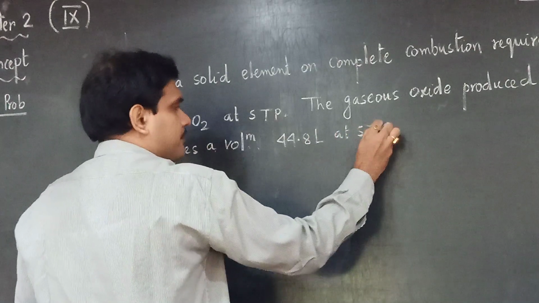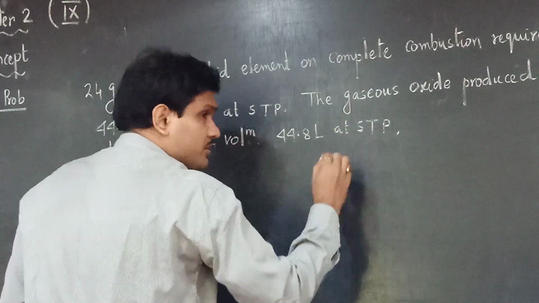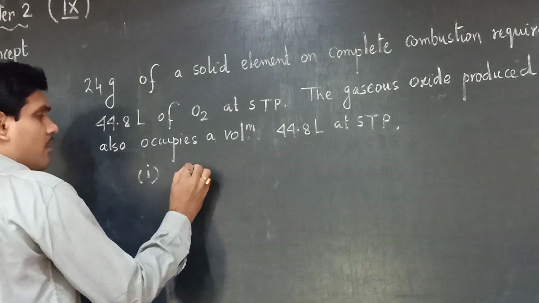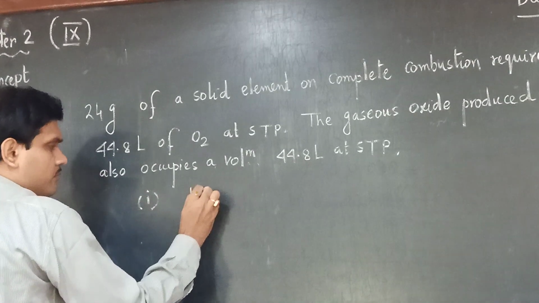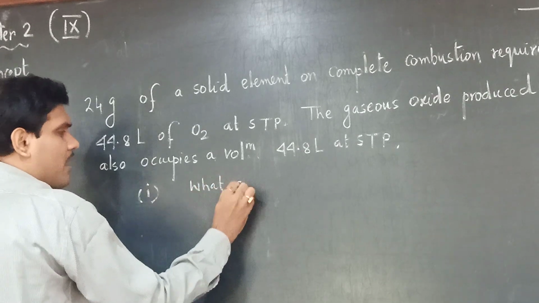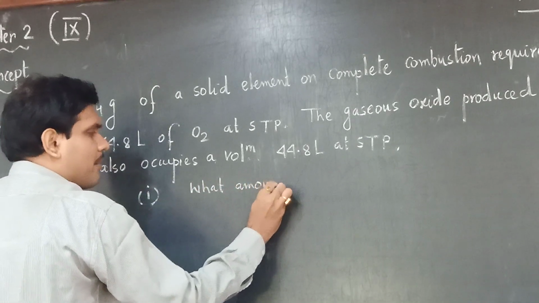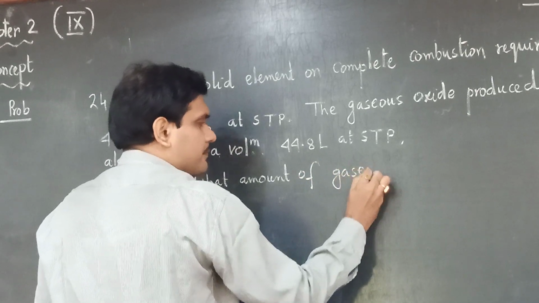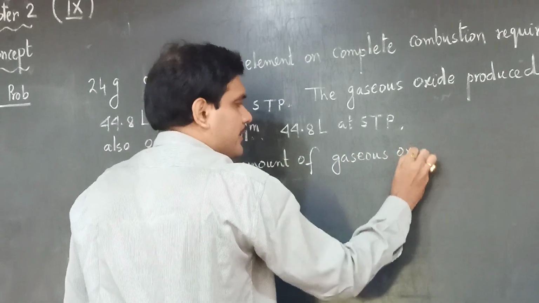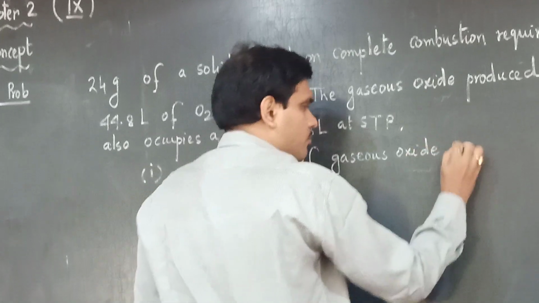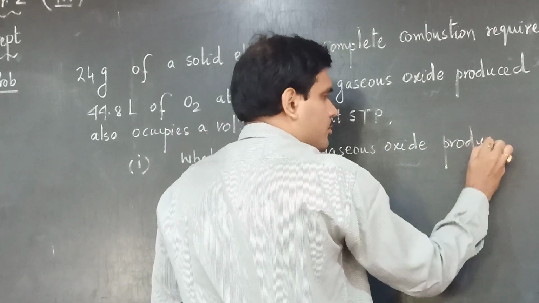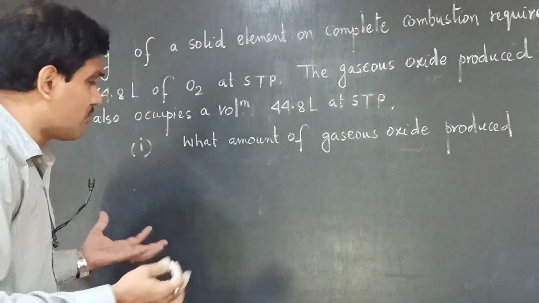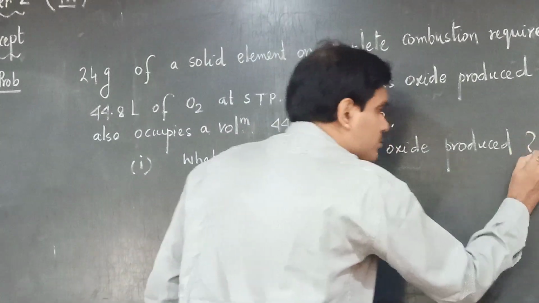Now the question: what amount of gaseous oxide is produced? How much amount in gram? That means what amount of gaseous oxide is produced?